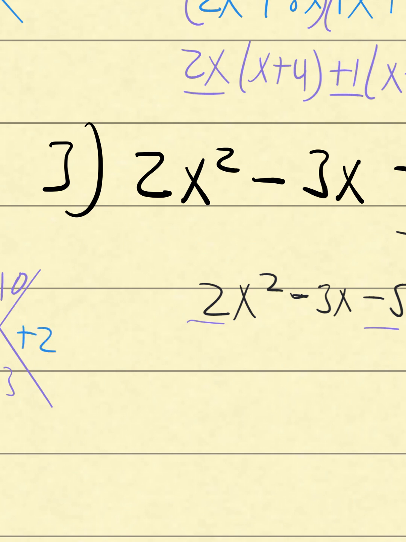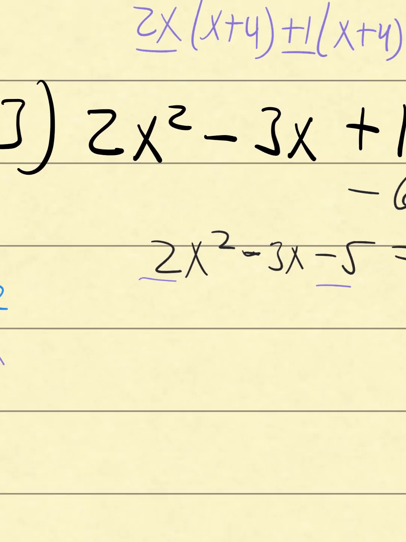We agree? So we split up the middle term using these two numbers. And we're doing this because if there's a number in front of the x squared, you always want to split it up and factor it by grouping.